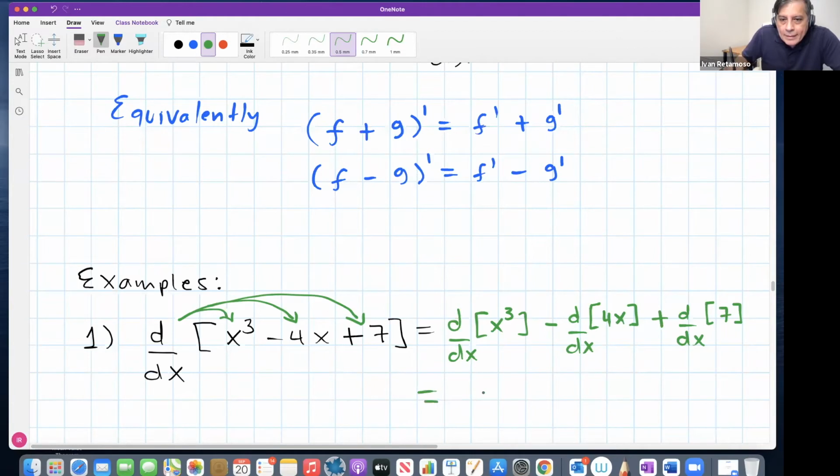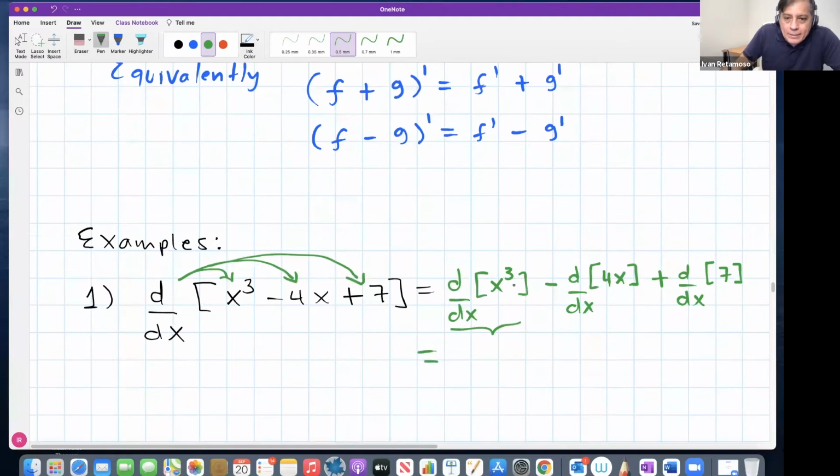Good. Now, the derivative of this one using the power rule will be 3 coming down front, times x raised to 1 less, 3 minus 1. Minus, and I can see that some students are already getting this, right? Yeah, very good. 3x squared. Soon I will stop putting this minus 1.